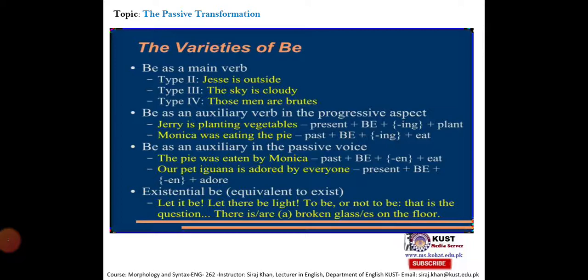Monica was eating the pie, past plus be plus ing plus eat. Be as an auxiliary in the passive voice, like the pie was eaten by Monica, past plus be plus n plus eat, or Iguana is adored by everyone, present plus be plus n plus adore.